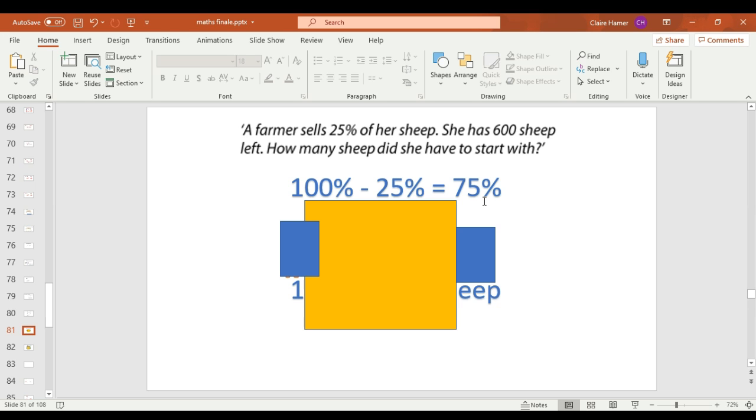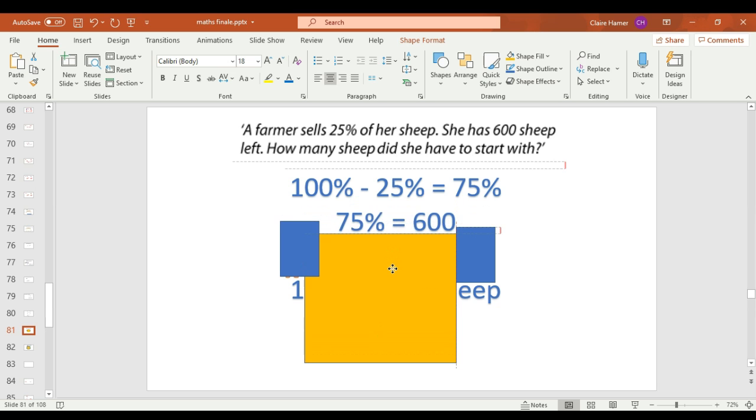You could divide first and then multiply. Pause the video, have a think, so you know that 75% equals 600. Somehow you've got to get from there back to 100%.